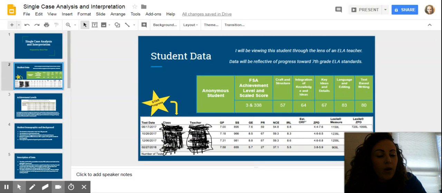So I know that could sound kind of confusing, but essentially what this is saying is that out of these 5 subsections, we have craft and structure, integration of knowledge and ideas, key ideas and details, language and editing, and text-based writing. All of these scores are compiled and they create a scaled score.